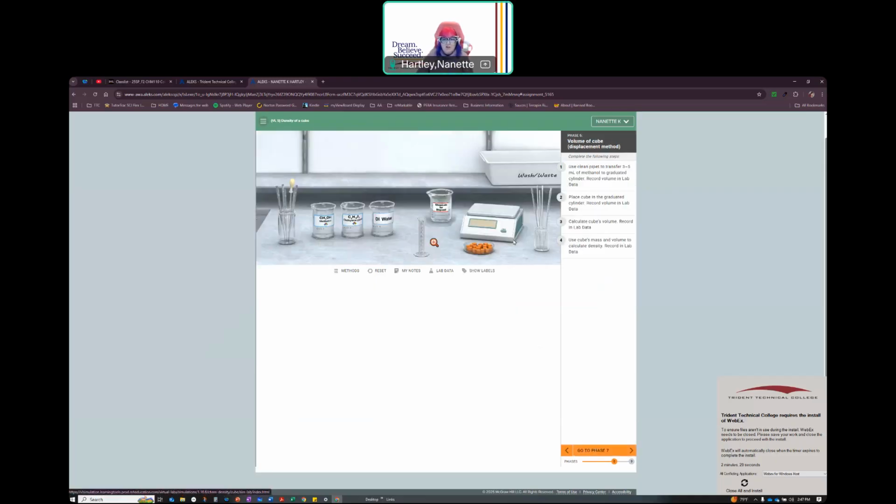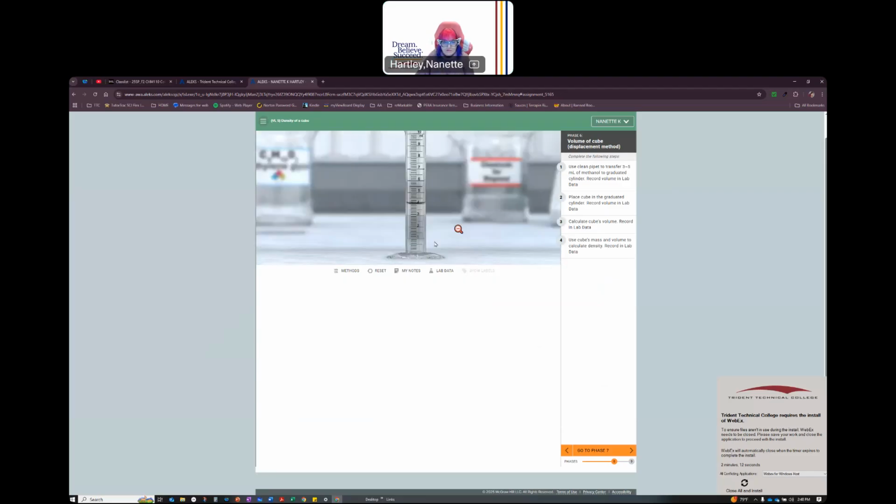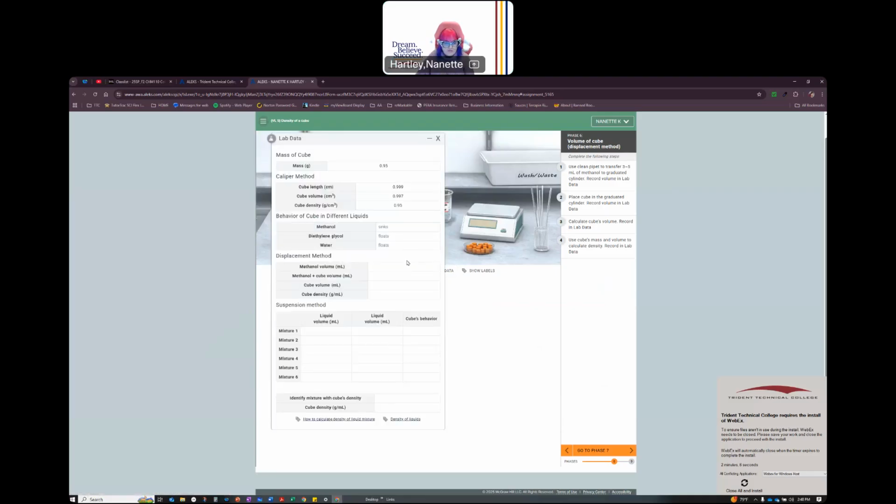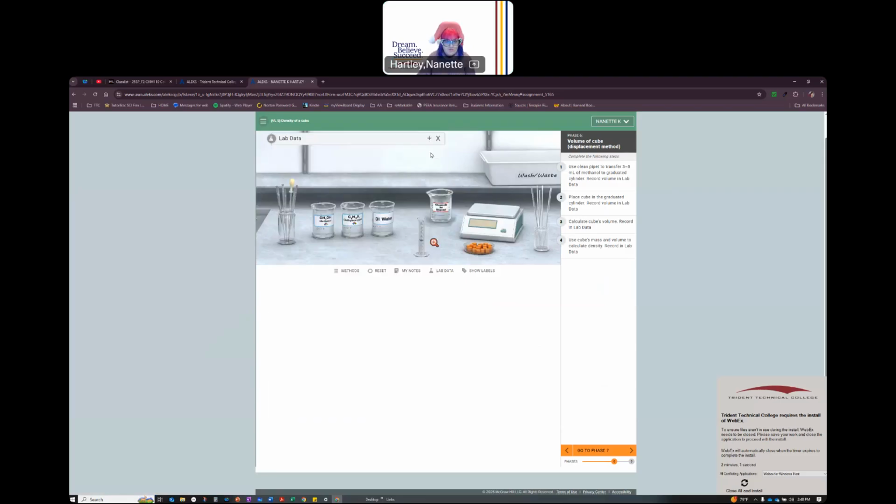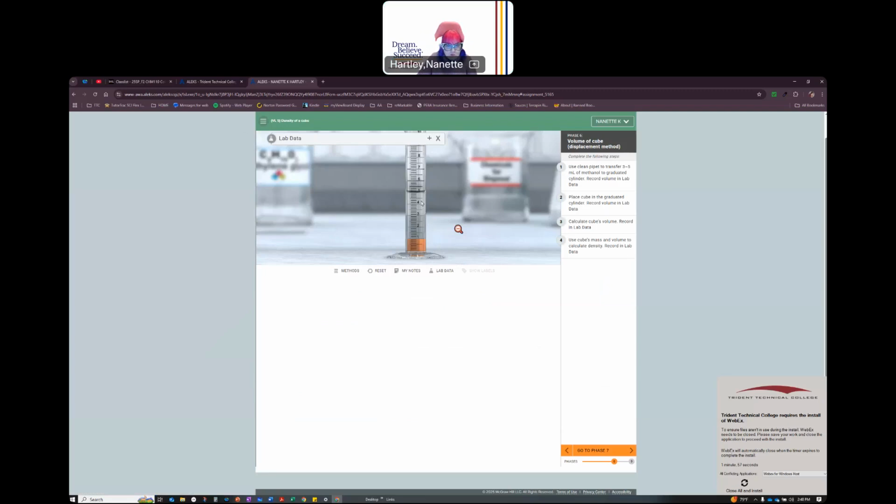Use a clean pipette to transfer 3 to 5 milliliters of methanol. 1, 2, 3, 4. Exactly 4. 5.